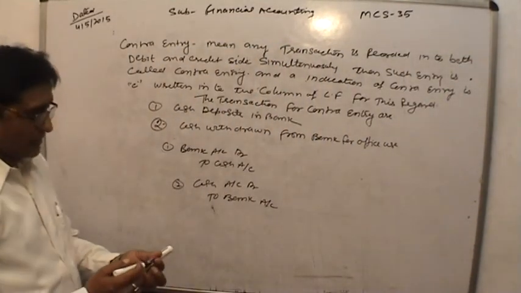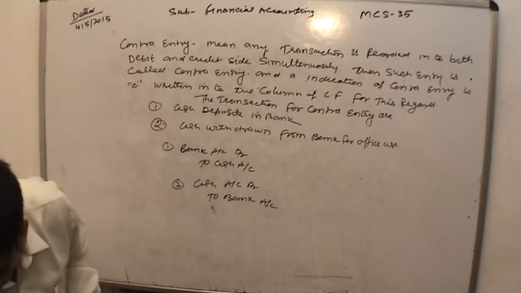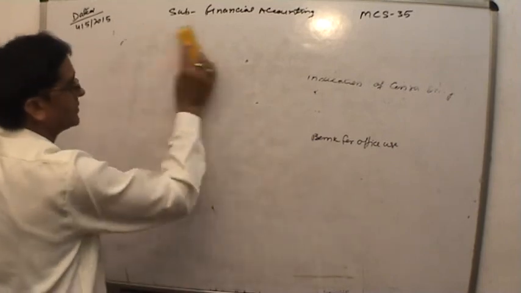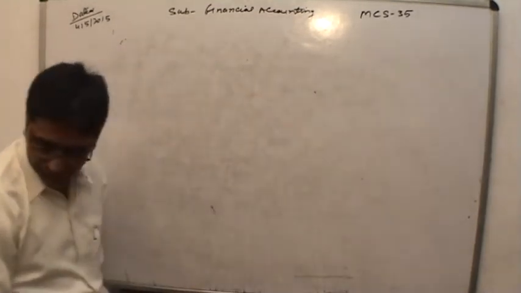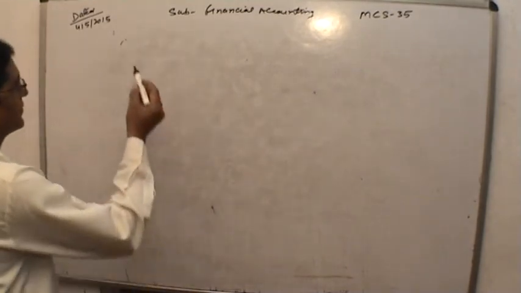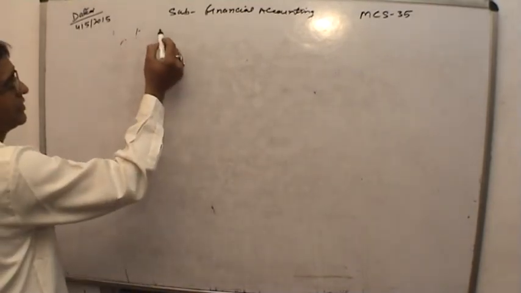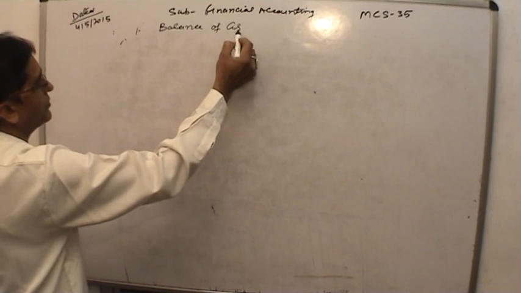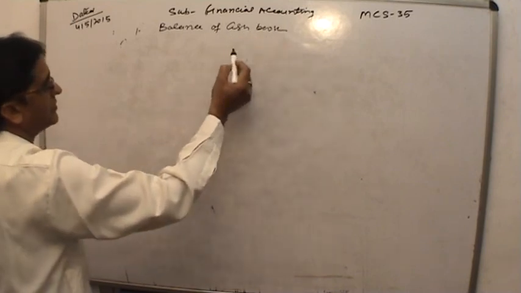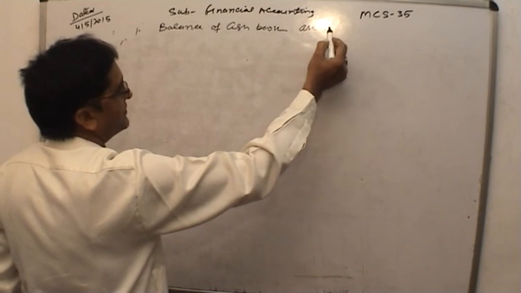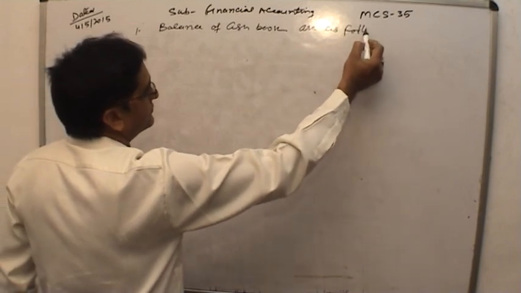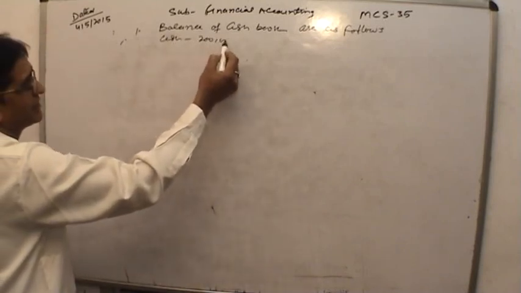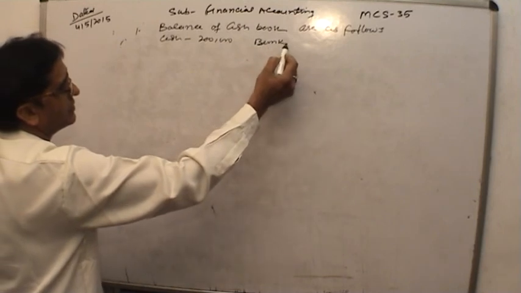Now, some transactions for contra entry. On April 1st, balances of cash book are as follows: cash 2 lakh, bank 4 lakh.